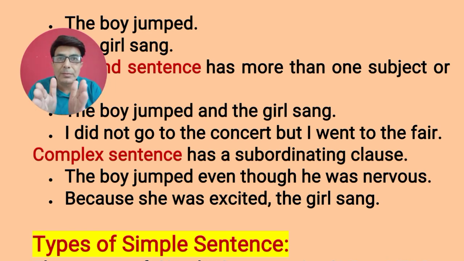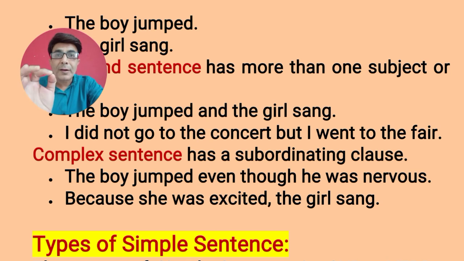The boy jumped is the main clause and he was nervous is the another clause. When you are joining two different clauses, subordinating clause is joined to the main clause, it becomes a complex sentence. Because she was excited, the girl sang. This is also another example of a complex sentence.